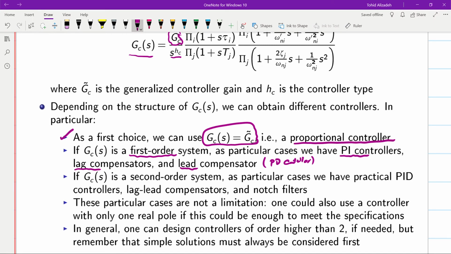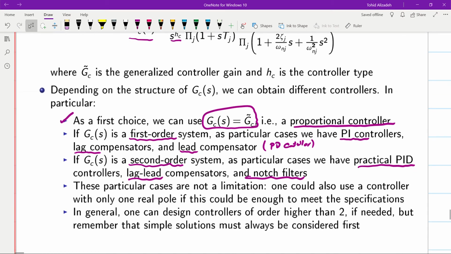Then the next kind of controllers would be the second order controllers. In the case of second order controllers, there will be 2 poles at the denominator of the controller. Then the special cases are the practical PID controllers, lead-lag compensators, and the notch filters. These are the particular cases, but these are not a limitation.